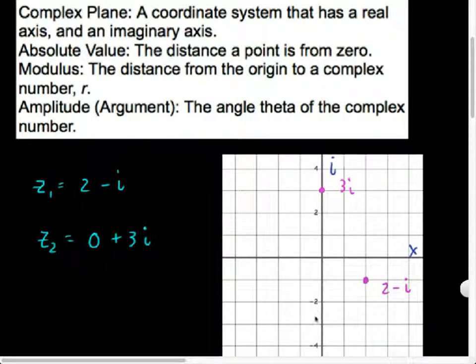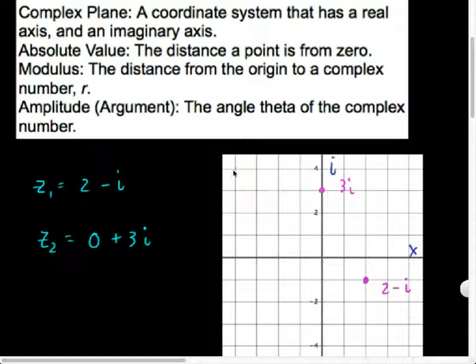So this is a rectangular representation of the complex plane, but we can still do different things with this. You can actually find the absolute value, which, you might recall, is the distance a point is from 0, right? That's the proper definition of absolute value.